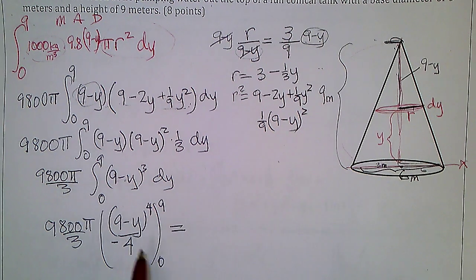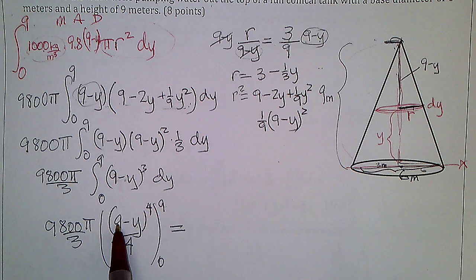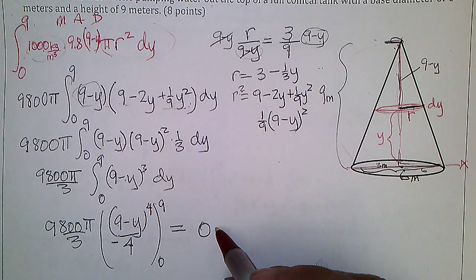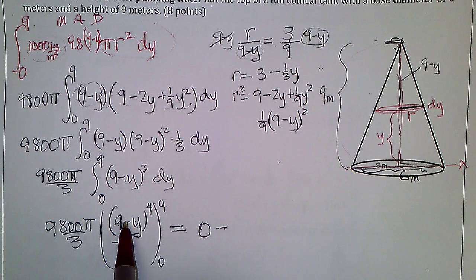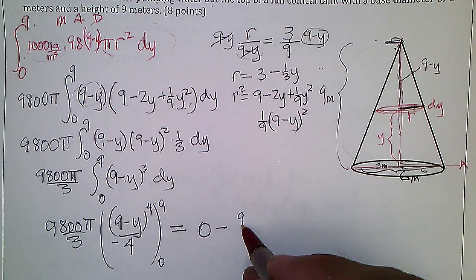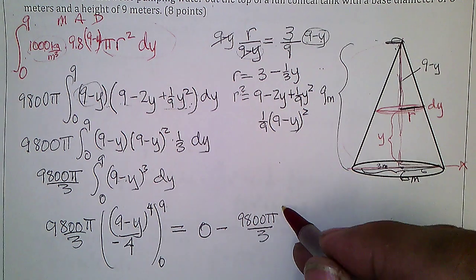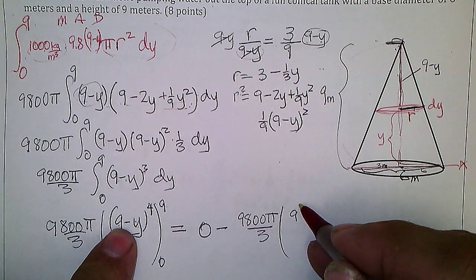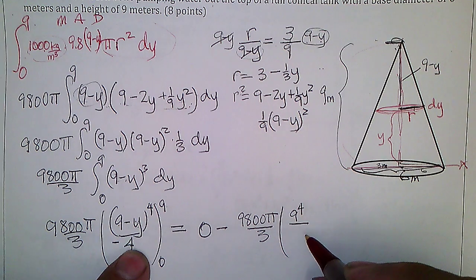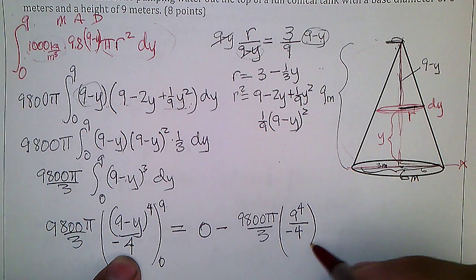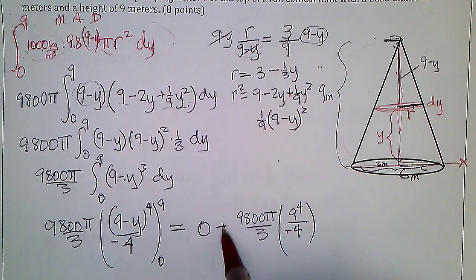And so if I put 9 in here, I get 9 minus 9, which is 0, to the 4th is 0 over 4, which is 0. So I'm going to get 0 minus, and then when I put in 0, I'm going to get the 9800 pi over 3 times 9 to the 4th over negative 4. And the negatives will cancel.